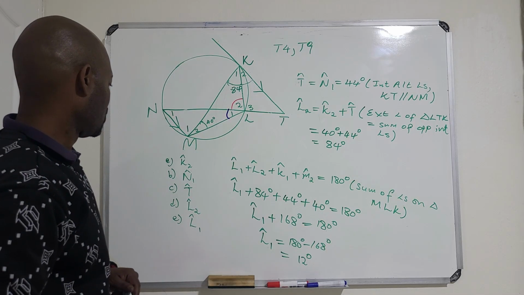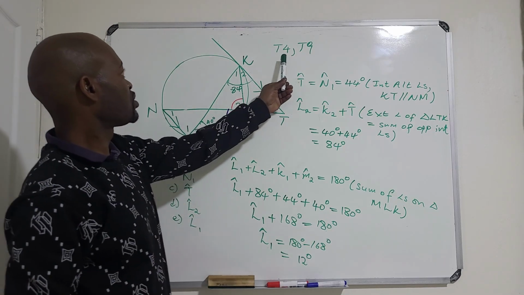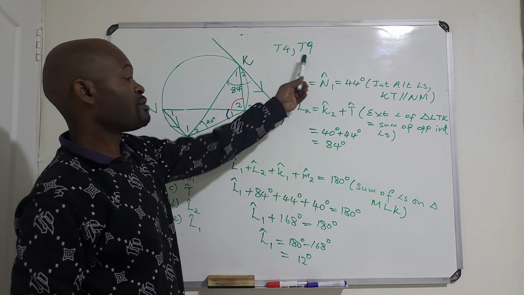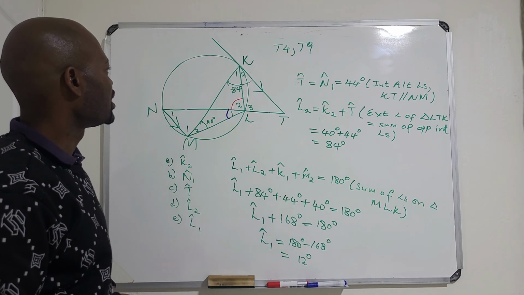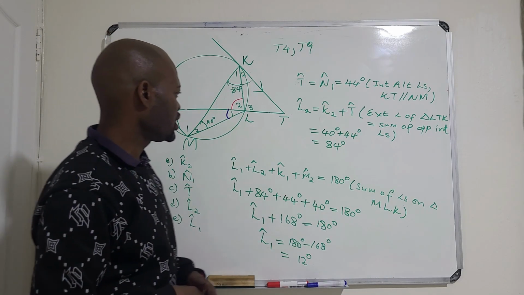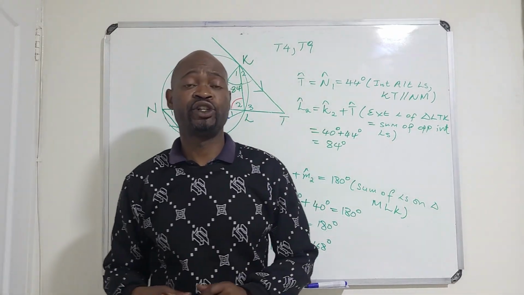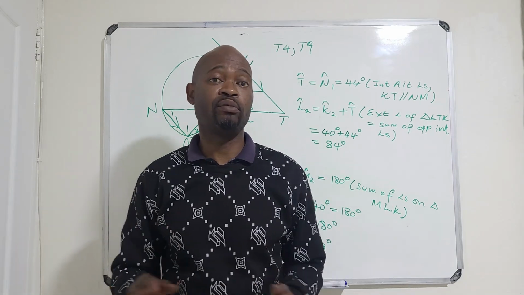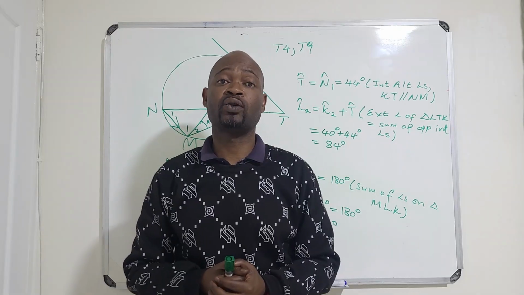I think we have got all the angles that we are looking for by using theorem number 4 and theorem number 9 and what we have learned in part 1. I think geometry becomes easier if you eliminate theorems which are not in a problem, then use what we have learned in part 1.